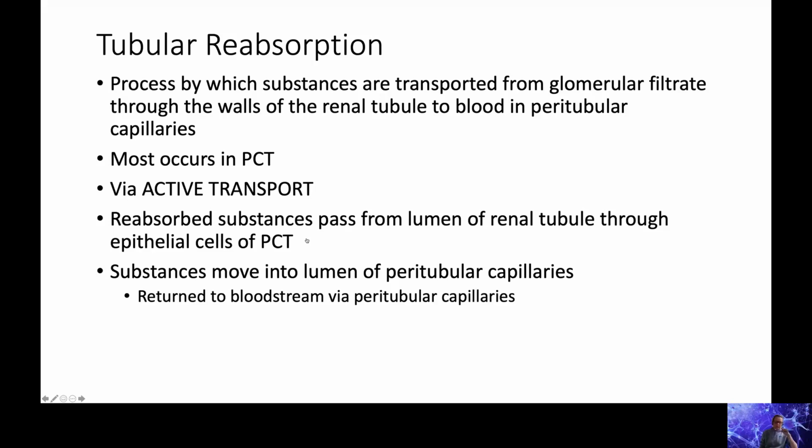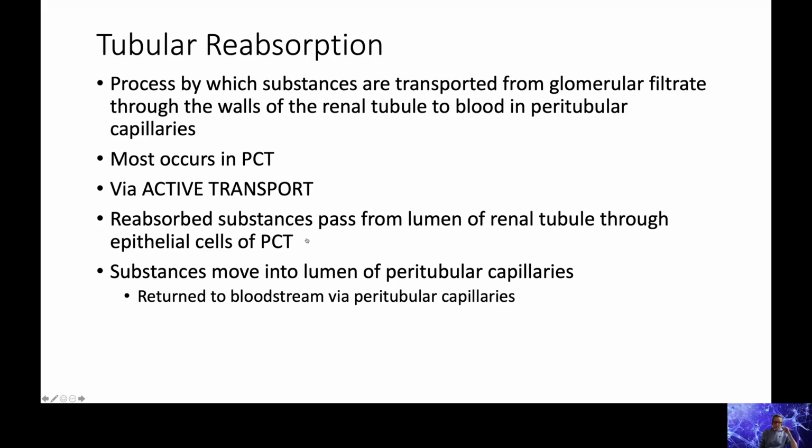Tubular reabsorption is the process through which substances are moved out of the glomerular filtrate through the walls of the renal tubule back into the blood in that nest or network of capillaries that surround the nephron, which are the peritubular capillaries.